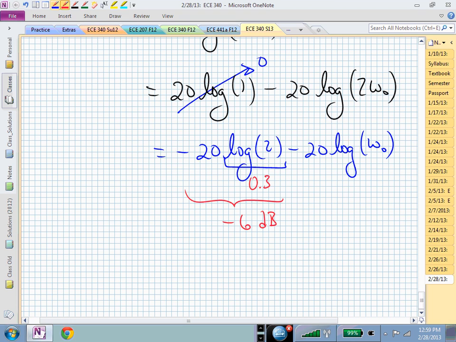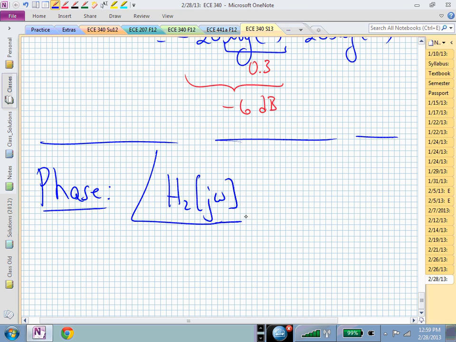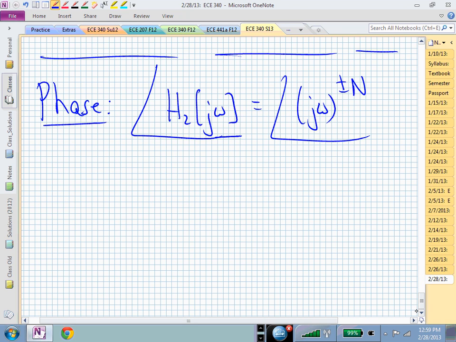If we come down here and we say, okay, now that we understand what the magnitude of that pole or 0 looks like, let's look at its phase. We now have the phase of H sub 2 of j omega. But that's now just the angle of j omega to the plus or minus n. But that plus or minus n, what does that do for us?